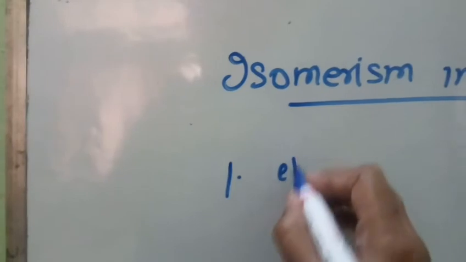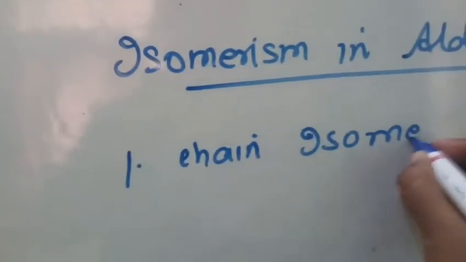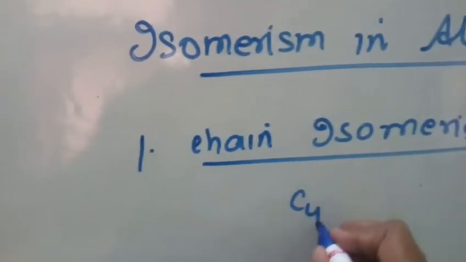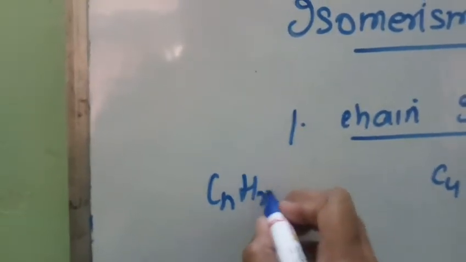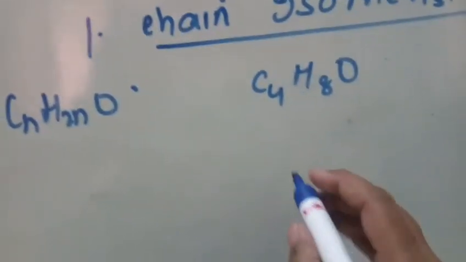One by one I will discuss. First of all, chain isomerism. What is chain isomerism? In which the length of the chain is different. Suppose you have a compound, say C4H8O, because the general formula for aldehydes and ketones is CnH2nO. So C4H8O.